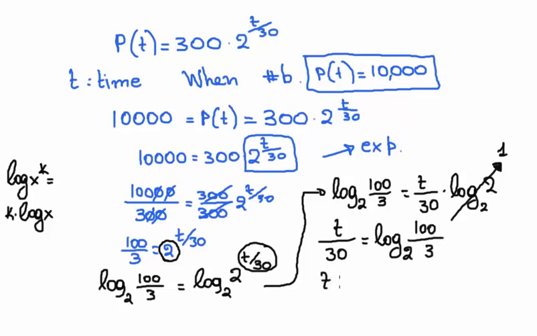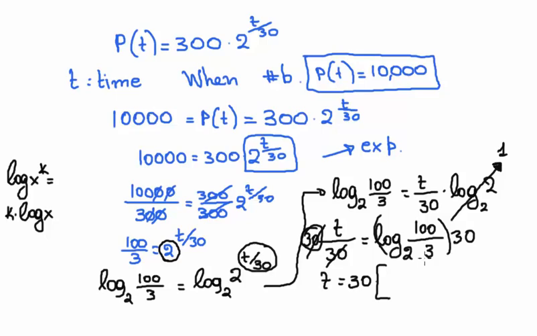And I can solve now for t. So I multiply both sides by 30. And I simplify the 30, and now t is equal to 30 times the log of 100 divided by 3.